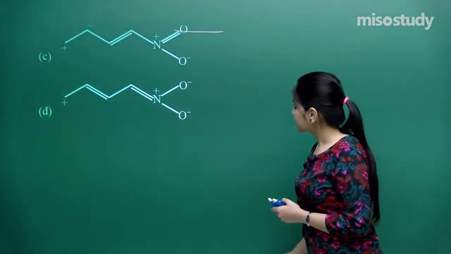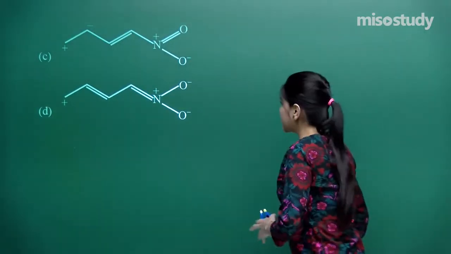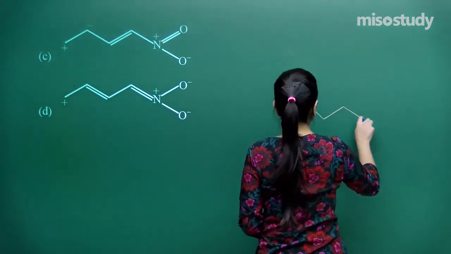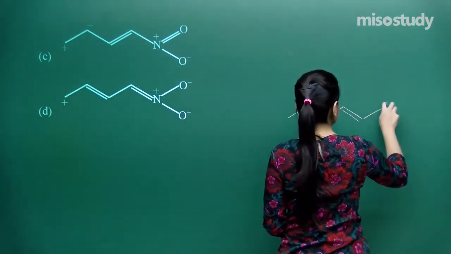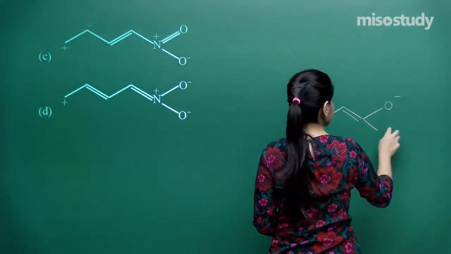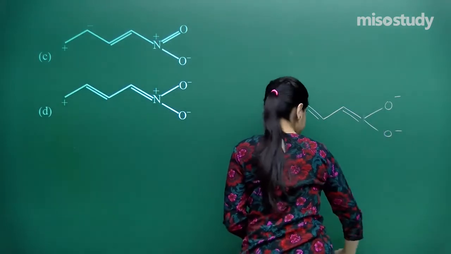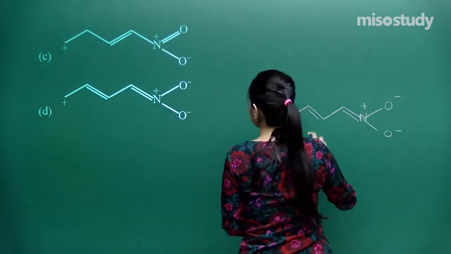So what will I get? Here, if I go by the very last one, let us just make the last one here. That means this, and a nitrogen over here, a positive.